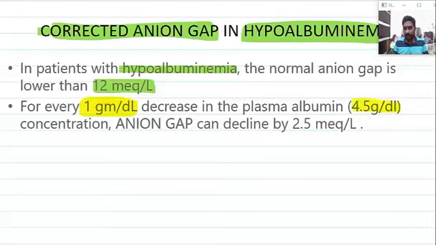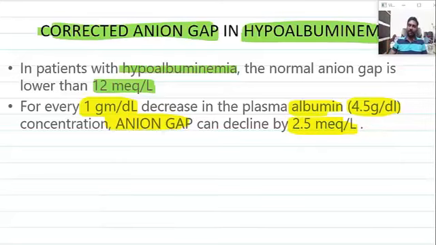Normal plasma albumin is 4.5 gram per deciliter. So for every 1 gram per deciliter decrease in albumin, the anion gap can decline by 2.5 milliequivalents. This is a very significant value.